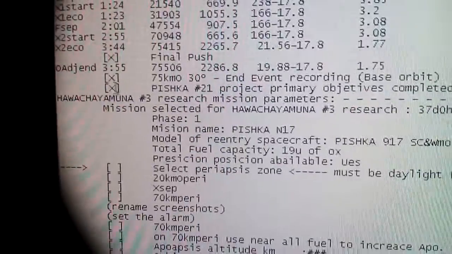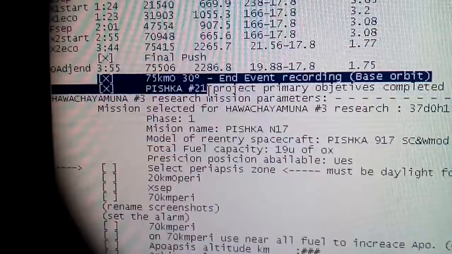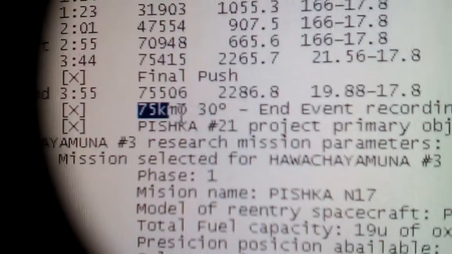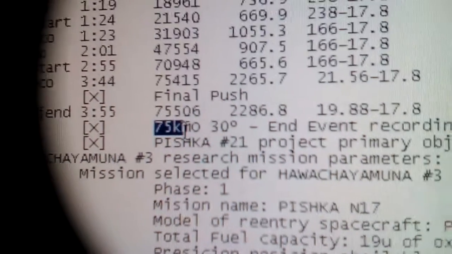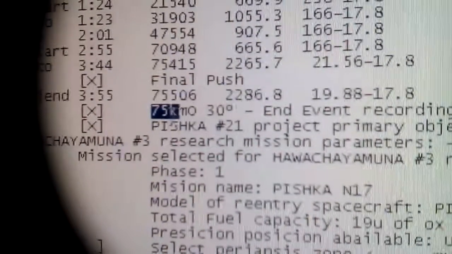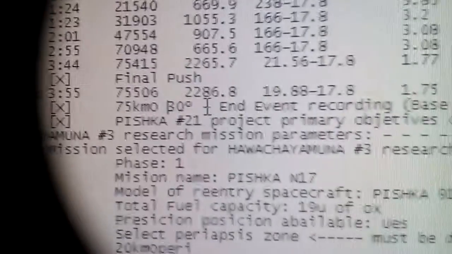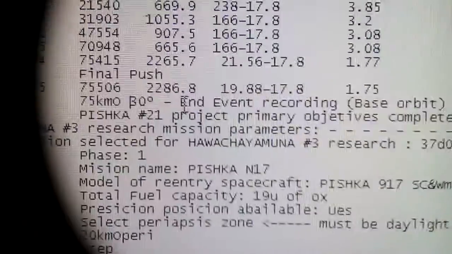In this case, the mission is successful, reaching orbit 57. In this case, 55 kilometers. Correct. 75 kilometers at 30 angle of launching.